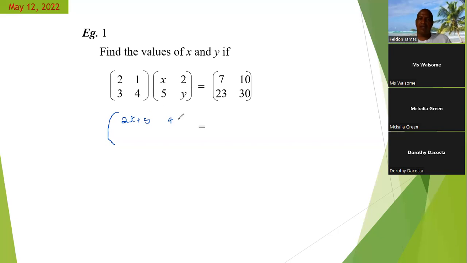So we will have 4 plus y for the second element in the top row.